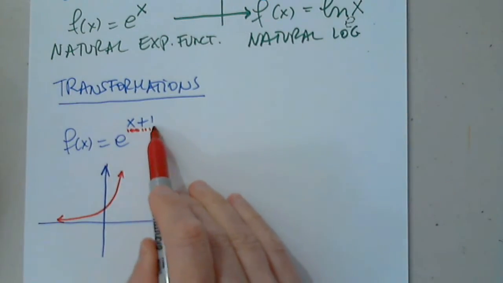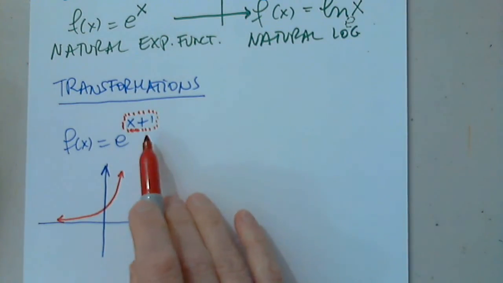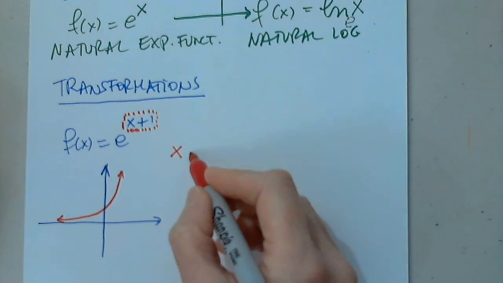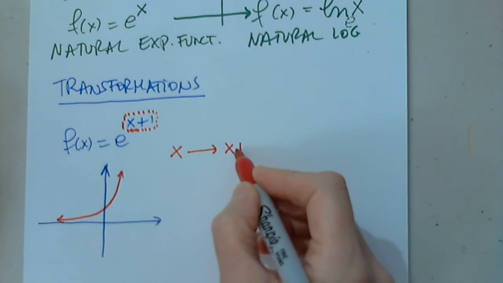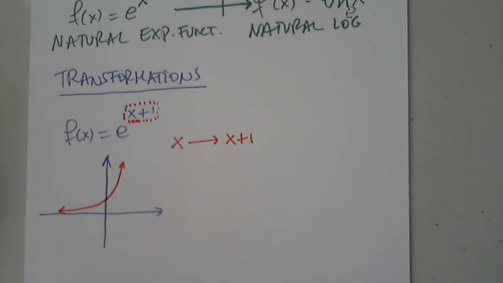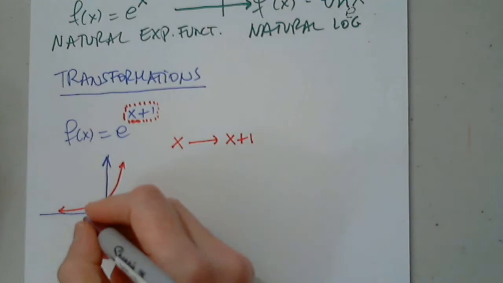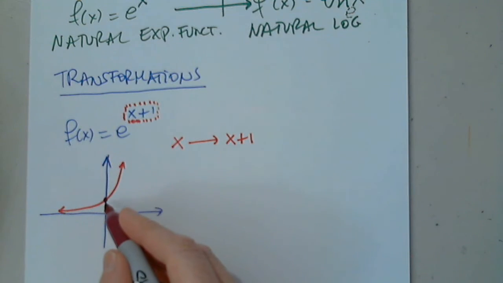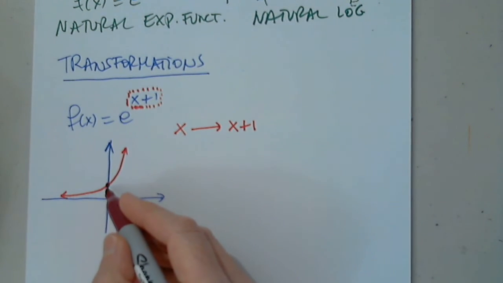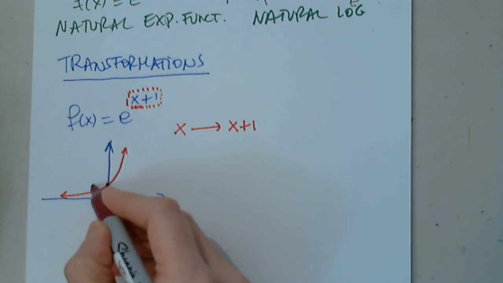Can anyone refresh our memory on what this does? When x is changed into x plus 1, which transformation will this be? Anyone? Move to the left one. Excellent, brilliant. So this point, my landmark, moves here.